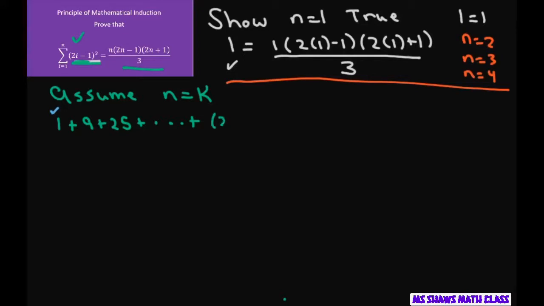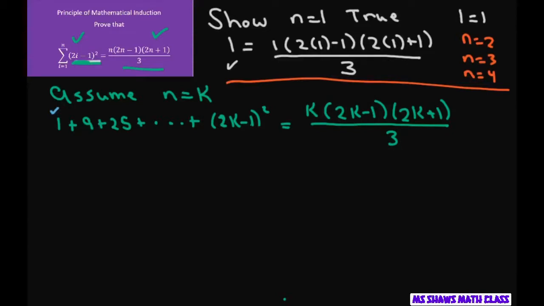So this is going to be 2n minus 1 squared. We don't want n. We're going to assume that n is k. So I'll change this to k. Sorry about that. So this is 2k minus 1 equals, now change all those n's here to k's: k times (2k minus 1) times (2k plus 1), all divided by 3.